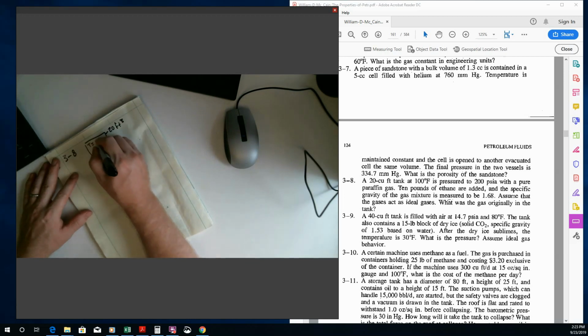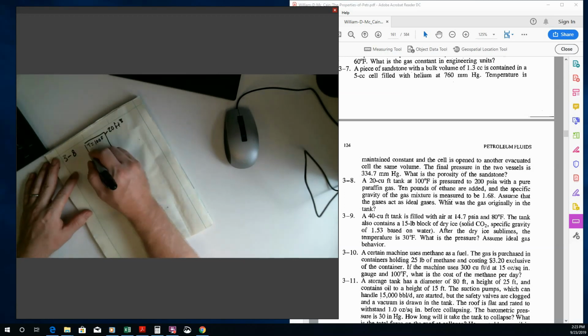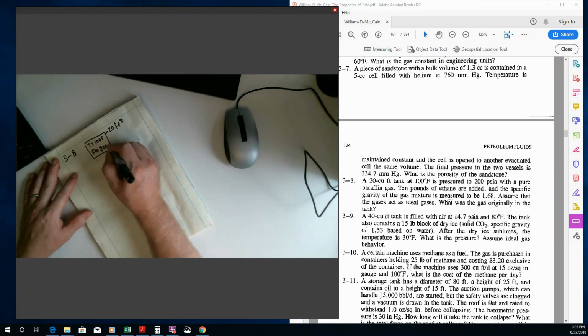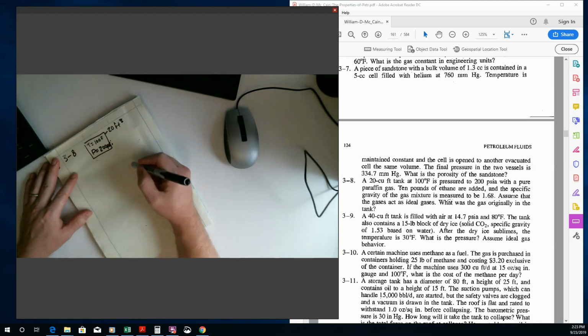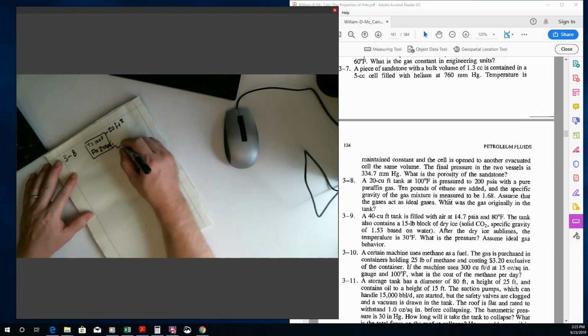Temperature equals 100 F, and pressure equals 200 psi in the tank. And it's some paraffin. We don't know what it is. So unknown paraffin gas is in there.